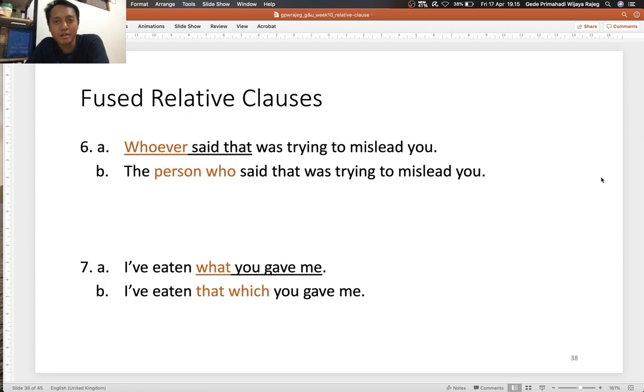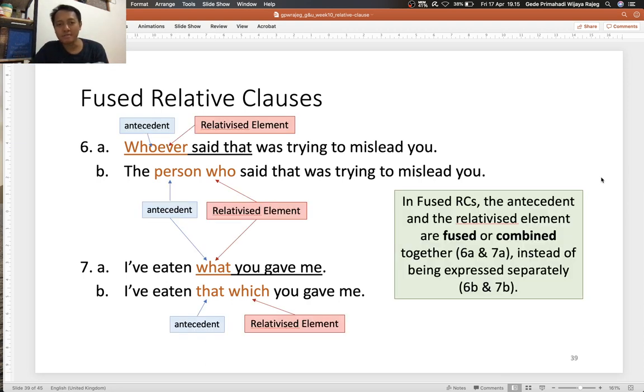So far we have looked only at the relative clause, relative pronoun, and antecedent, which are different items. But in fused relative clauses, the antecedent and the relativized element are fused together.